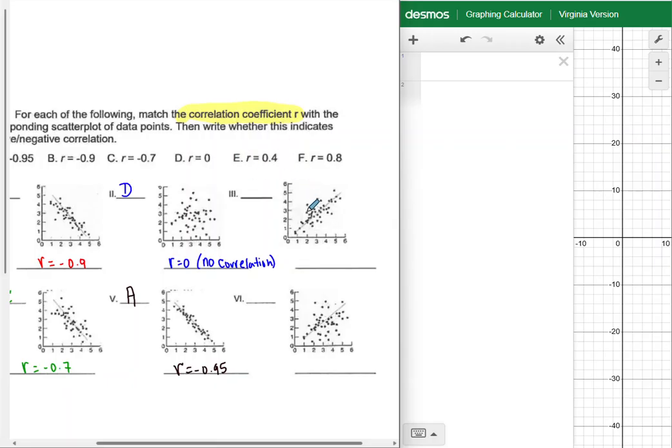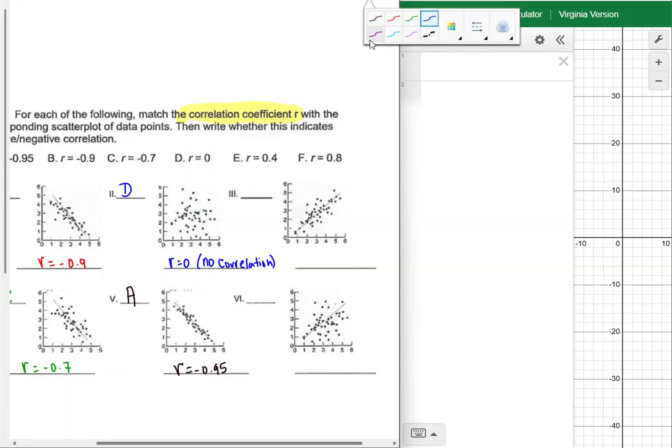All right, and then the last two that I have here are positive numbers. R equals positive 0.4, that's about 40%, and this is 80%. 80 would be this one because the points are closer to the line here. And then this one definitely, even though you can kind of see the trend going up, here I can't tell if it's going up or down or anything. There's no correlation here.